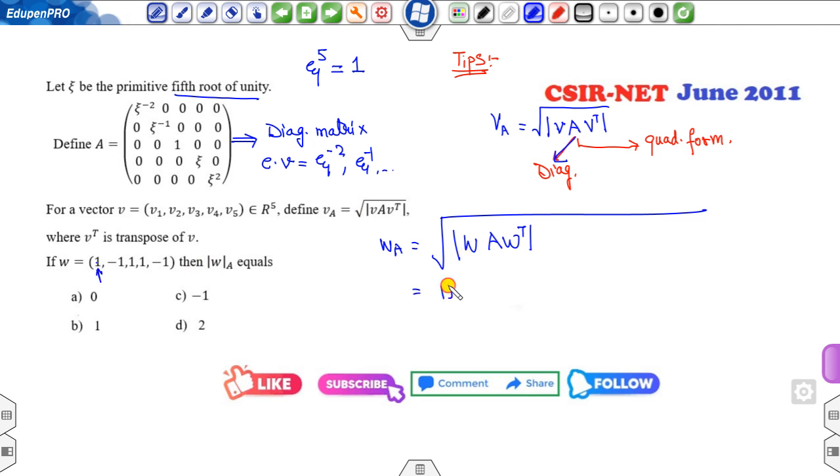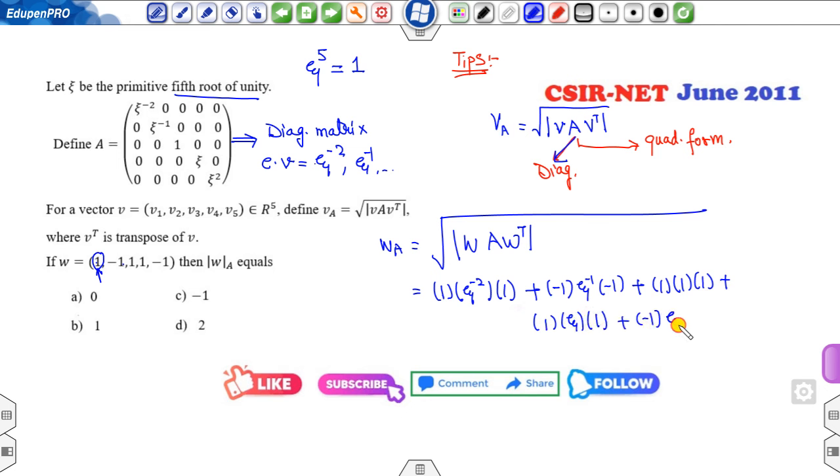Now simply you can do W into W transpose. That means 1 times the first eigenvalue, and what is the transpose of this number? 1 plus the second, minus 1 times the second eigenvalue, plus the third eigenvalue, plus 1 xi, and the last one is minus 1 xi square into minus 1. So what is the right answer?